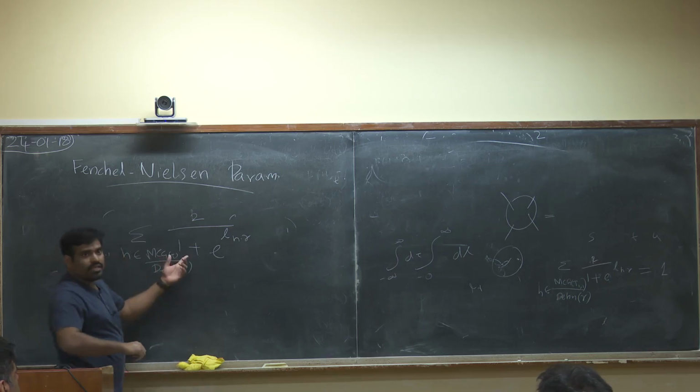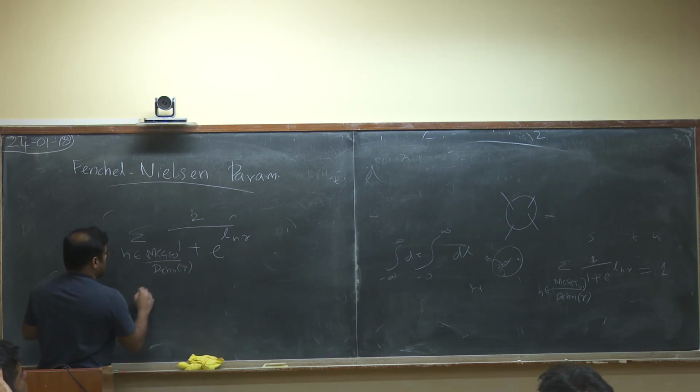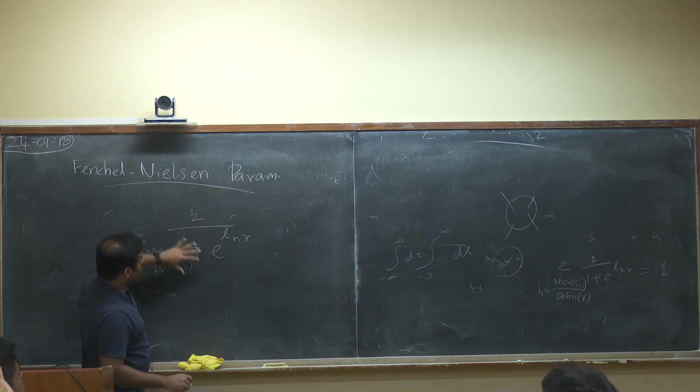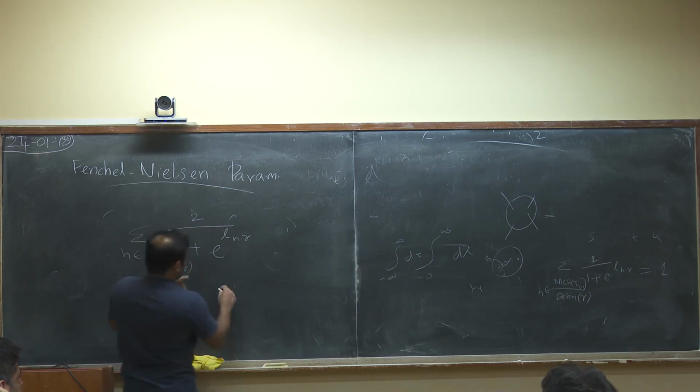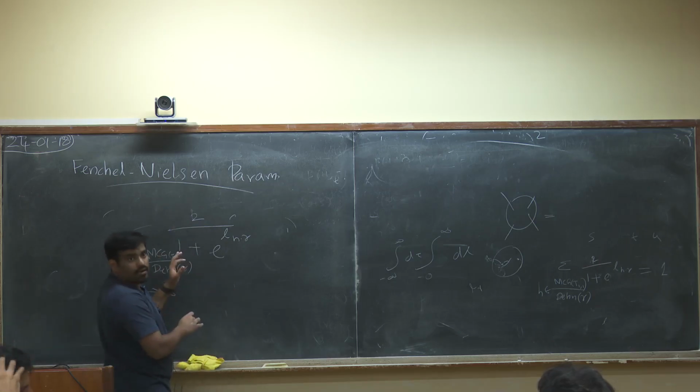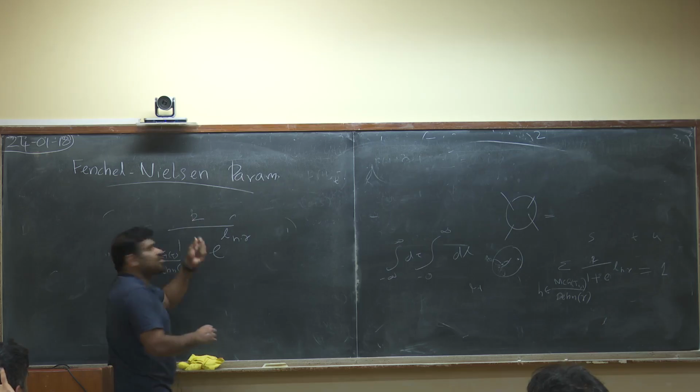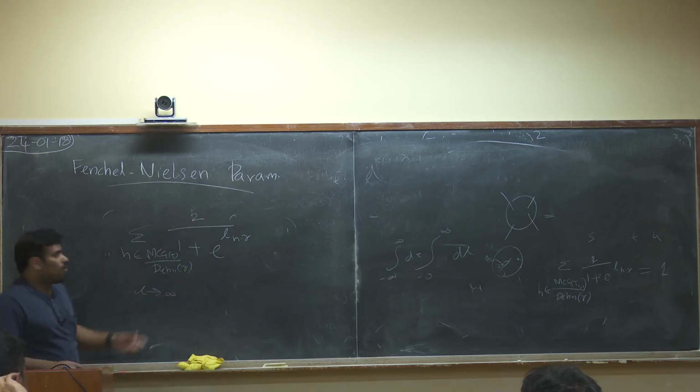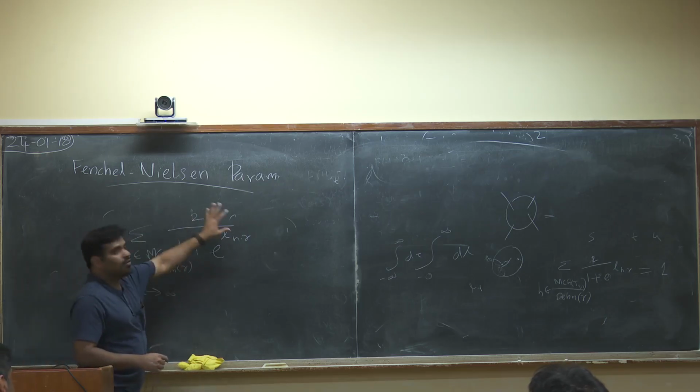When I take the limit L goes to infinity, this gives a very small contribution; it's exponentially suppressed. When I take L goes to 0, this is the one which is dominating.